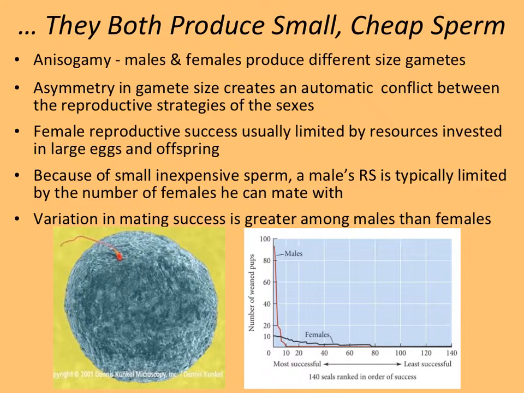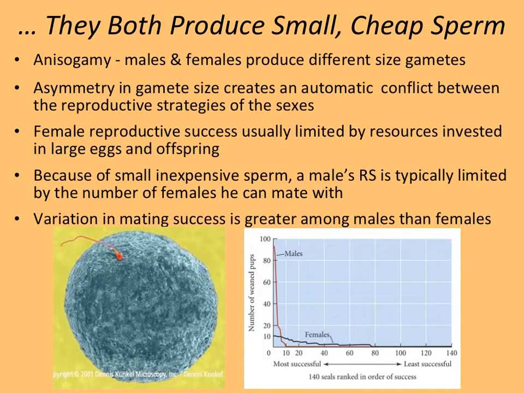There's an asymmetry, in other words, they're not equal size eggs, right? They're different size gametes, large and small. That means there's an asymmetry in gamete size that creates an automatic conflict between the reproductive strategies of the sexes, and this is why.